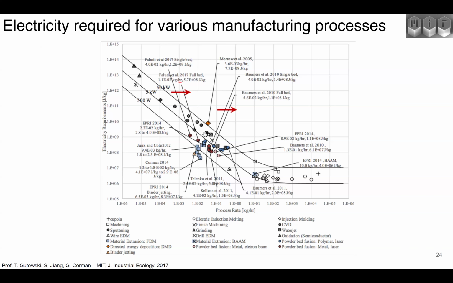Additive is up here, taking a fairly large amount of energy to produce not that many parts, whereas injection molding, electric induction, I'm actually not familiar with that process, and a few other more conventional manufacturing processes are a lot more energy efficient.